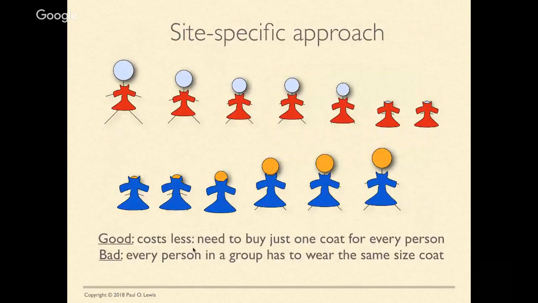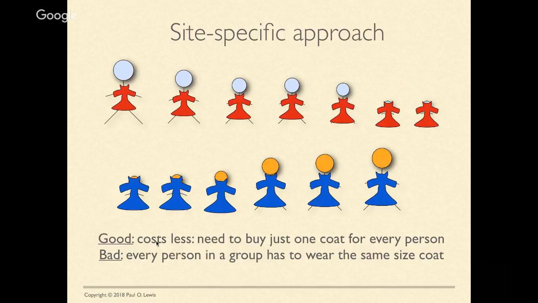The problem with this is that every person in a particular group has to wear a coat of the average size, and that's too big for some people and too small for other people in that group if there's a lot of heterogeneity within the group. So it behooves you to pick the groups well to start with if you're going to use this site-specific approach.